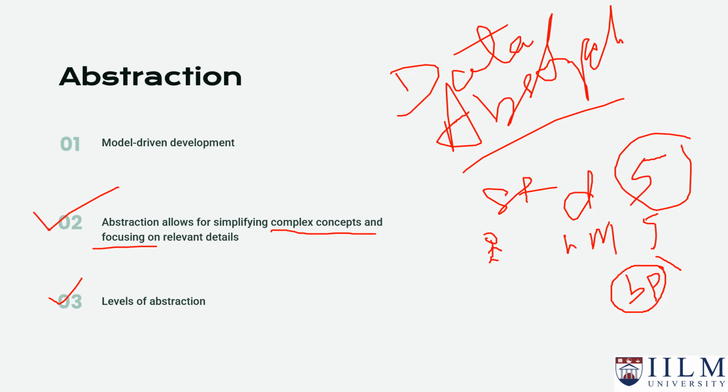Level of abstraction means, in the OOPS concept, we need one type of data abstraction. We have already studied data abstraction.